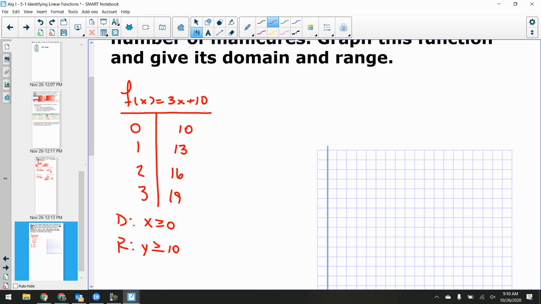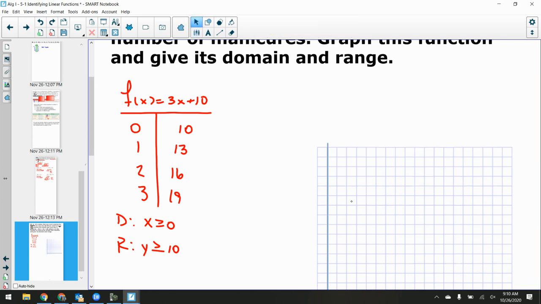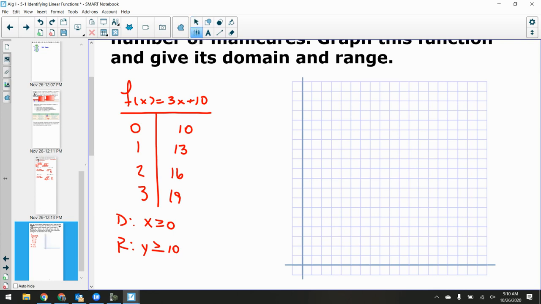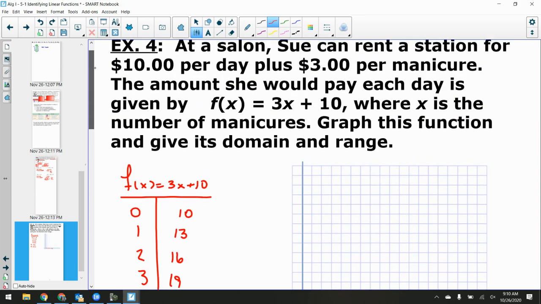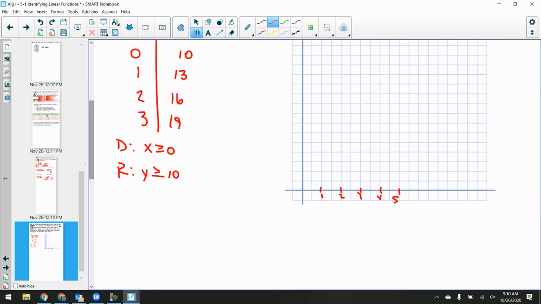Okay, let's graph. All right. Looks like my x values, let's go up by 1, 2, 3, 4, 5. And what's x? Is it x hours? Oh no, manicures. And the y values are money.